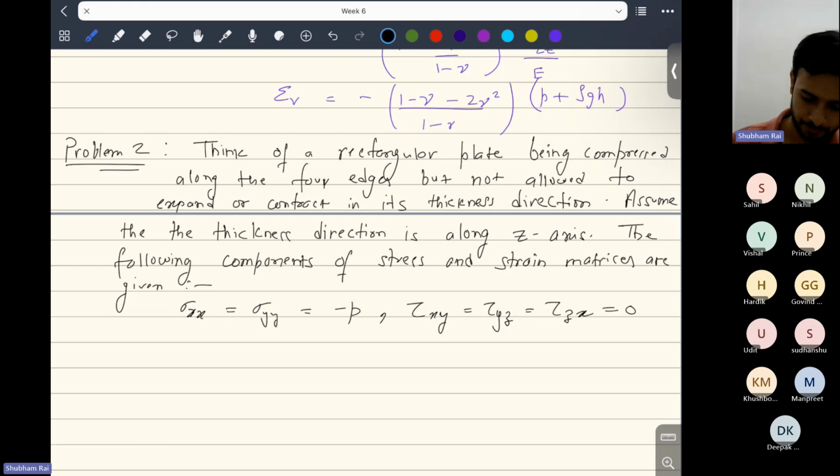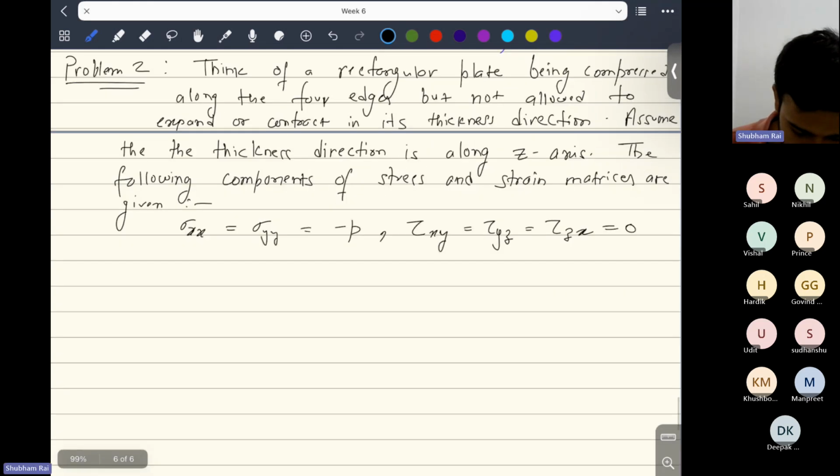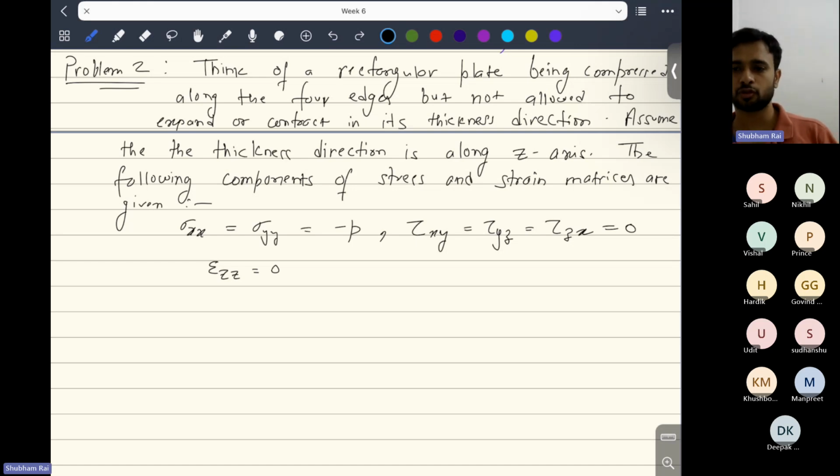That should be 0. And your epsilon zz is also 0. This has been given to you because epsilon zz will be 0 because there is no deformation allowed along thickness direction. So that's why it will be 0.